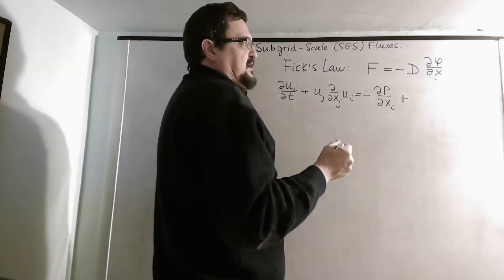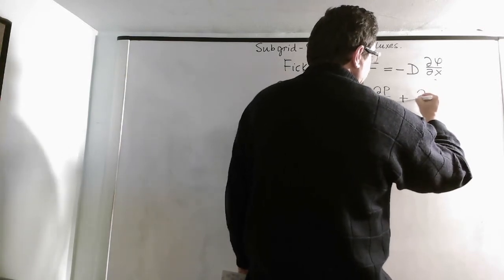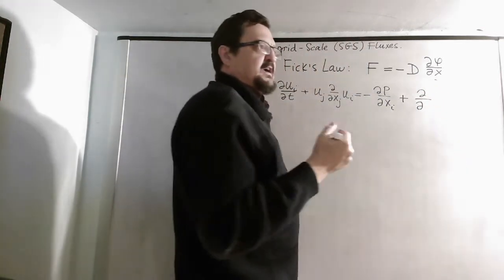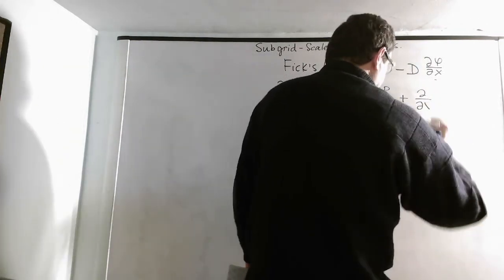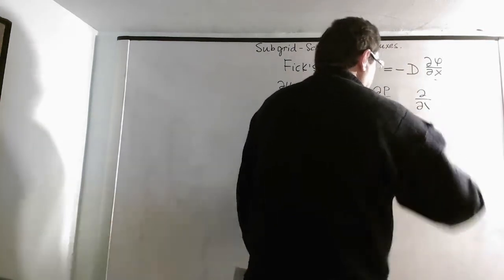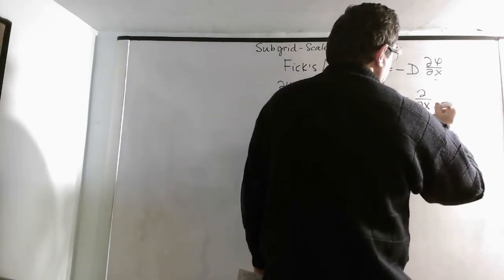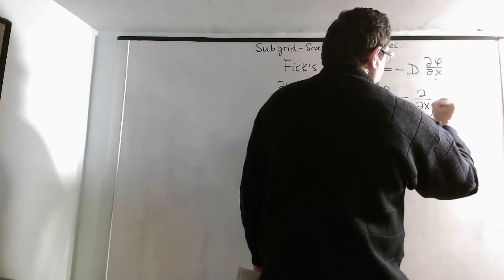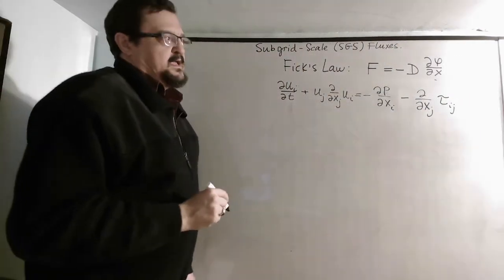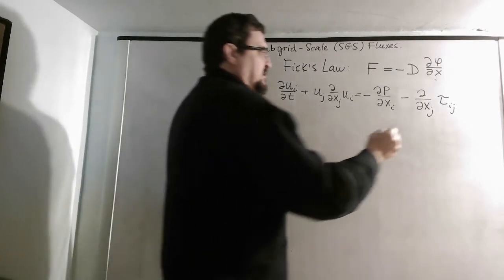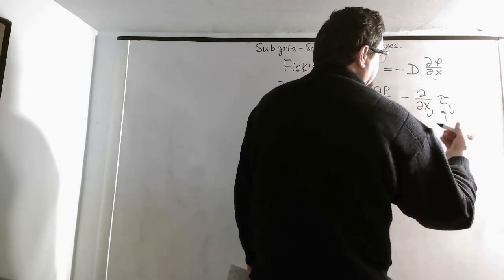And plus, now here we should write diffusion. Diffusion is modeled as the following. It's a divergence of subgrid-scale stresses, so d/dxj tau ij, where tau are subgrid-scale, or just diffusion or viscous stresses.